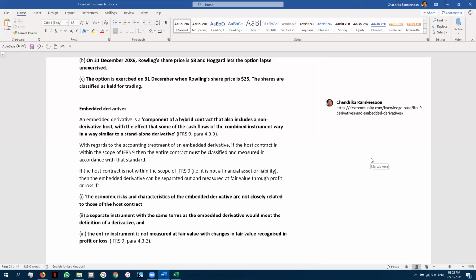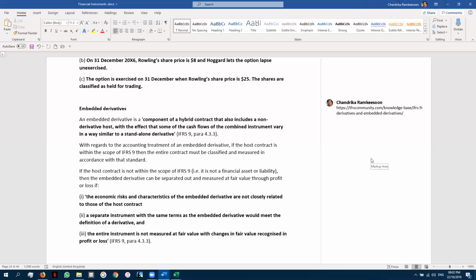If 1, the economic risk and characteristics of the embedded derivative are not closely related to those of the host contract. You see, what we are actually saying here is that if they are, yes, 1 because it's embedded, but IFRS 9 says that the host is not a financial asset or liability, then it comes as though they are not as closely embedded as if it was within the scope of IFRS 9.